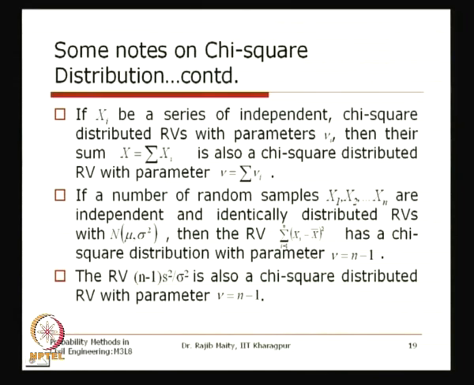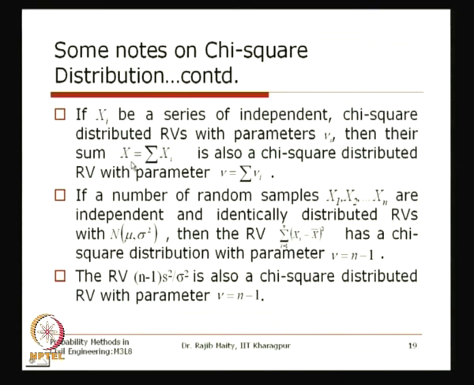Now let xi be a series of independent chi-square distributed random variables with parameters nu i, that is, for x1 the parameter is nu 1, for x2 the parameter is nu 2, and so on. If I take the sum of all those xi's, from 1 to n, we get a new random variable x, which is a simple arithmetic summation.